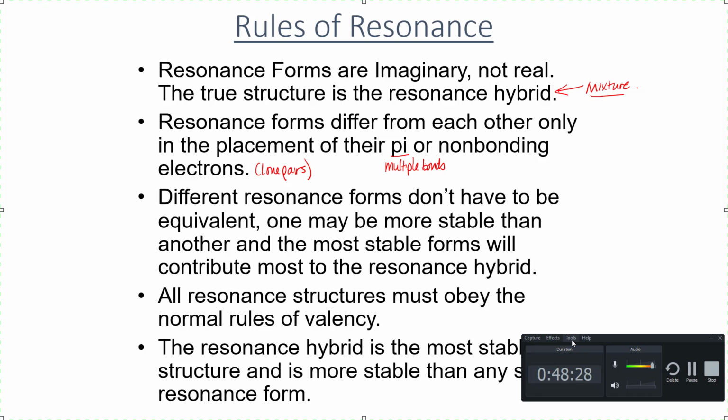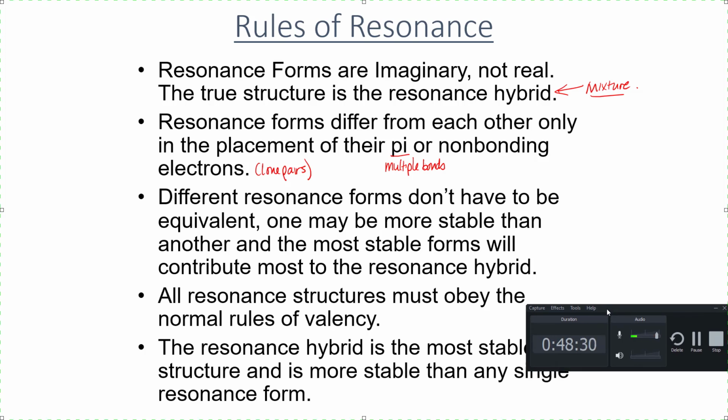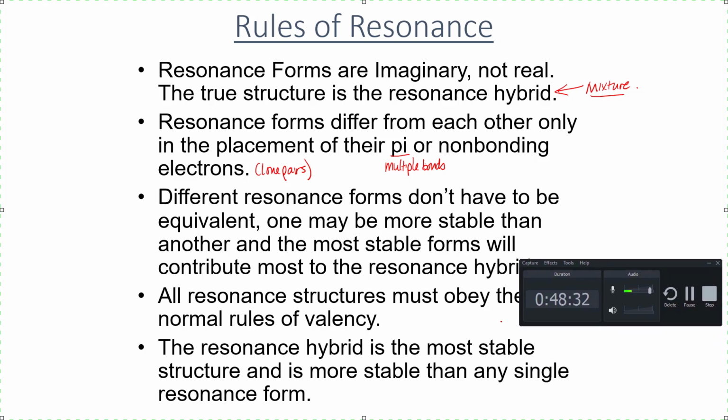The resonance hybrid is going to be the most stable structure, and it's more stable than any of the single resonance forms, which is why the resonance hybrid is the true structure. Okay, let's go back to our original molecule.